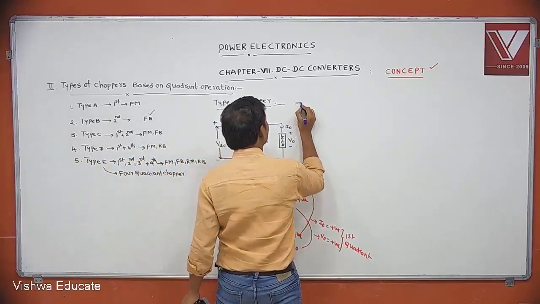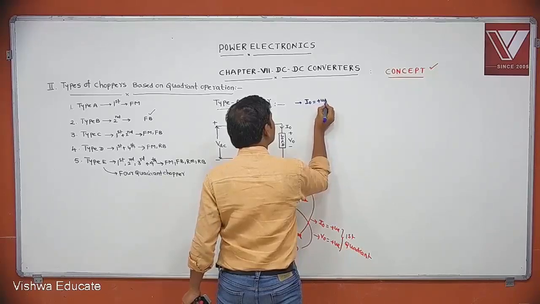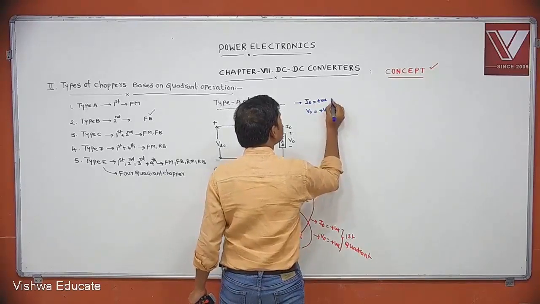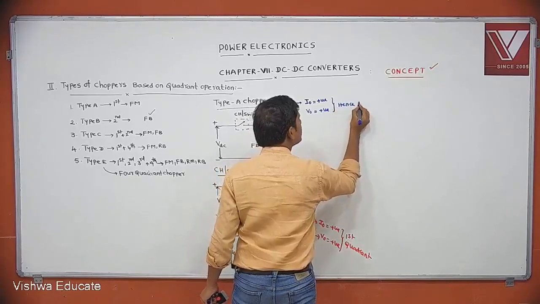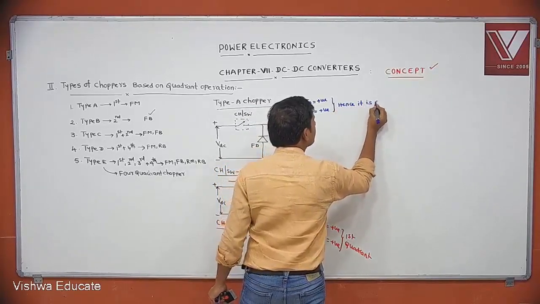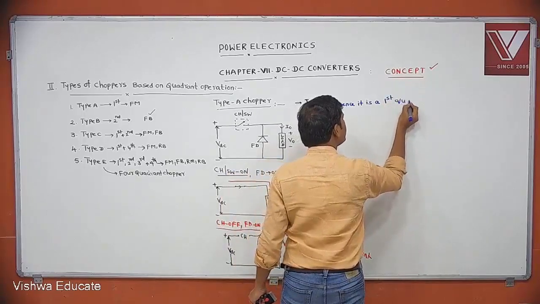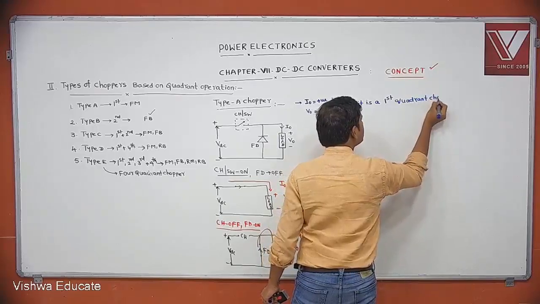This point is important. I naught is positive, V naught is also positive. Hence, it is a first quadrant chopper, operated in the first quadrant.